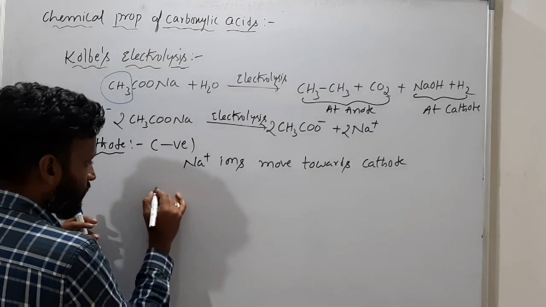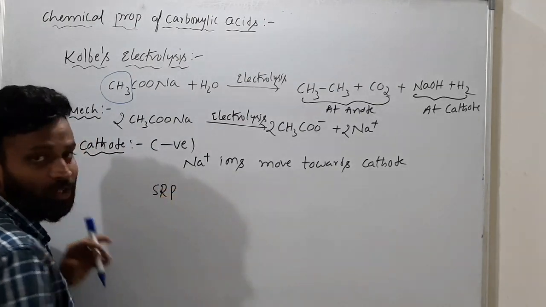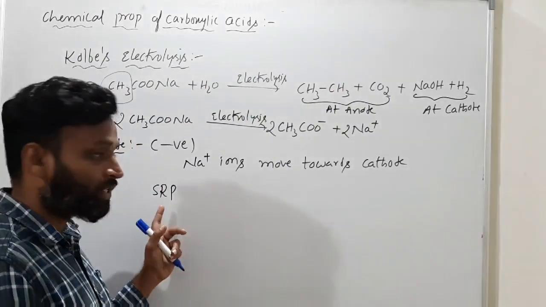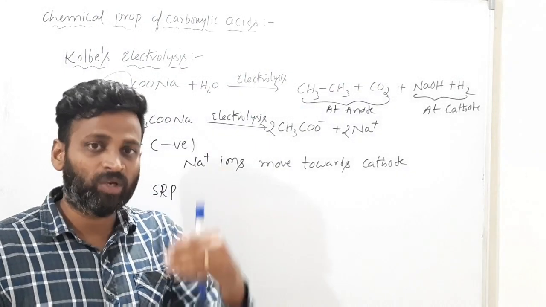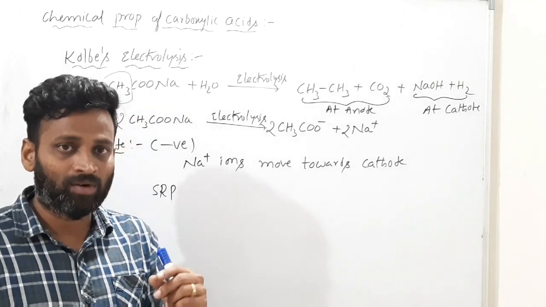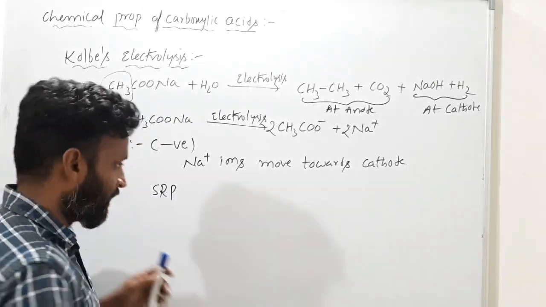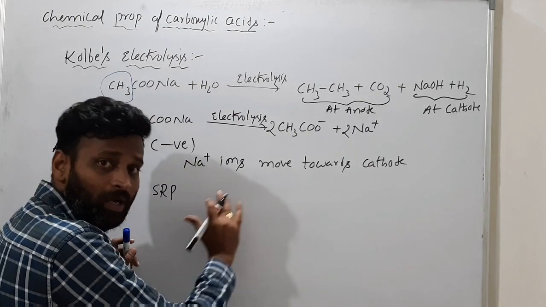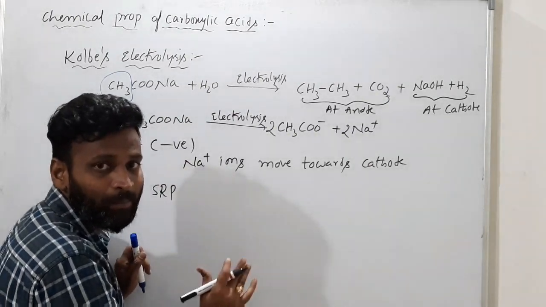But I don't know if you remember, I gave SRP values in electrochemistry. SRP values, standard reduction potentials, in the electrochemical series in the electrochemistry chapter; please revise. Compare the SRP value of Na plus ions and water.